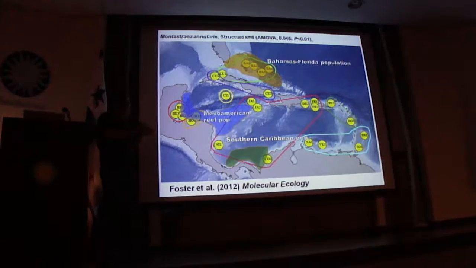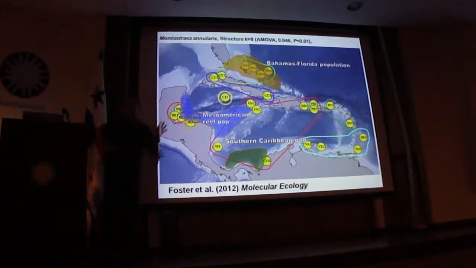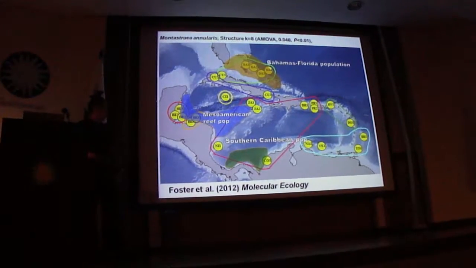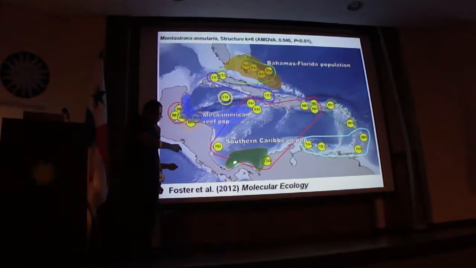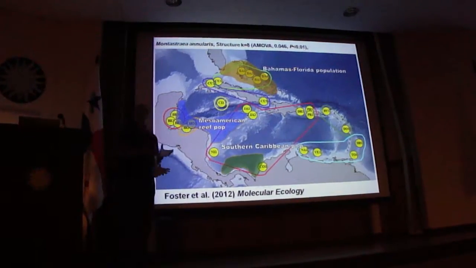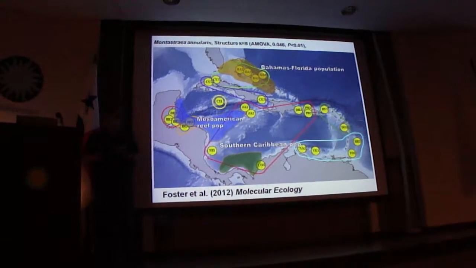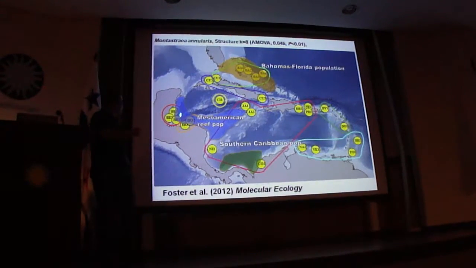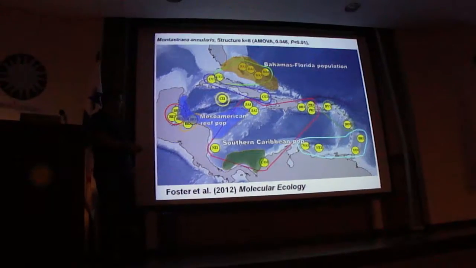You get the species eventually, but it's just a rare species, not a population as a whole. And Bocas del Toro is 300 kilometers from the next very dense population of bipinnata. So it's very isolated. We don't know if what's happening here is the same as what happened here.